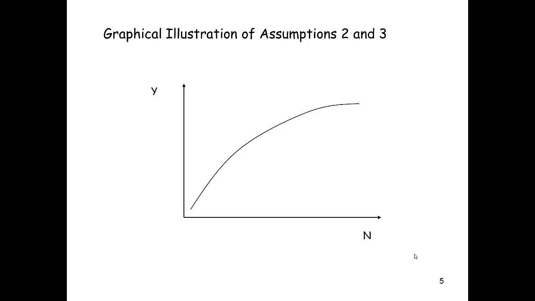Now, we've embedded two of the assumptions in the way that we've drawn this graph. First of all, the graph is upward sloping. It's increasing in N, and that's the positive marginal product assumption. Second, the graph is concave, which means that it's increasing at a decreasing rate. And it's that concave part that embeds the diminishing marginal product assumption.